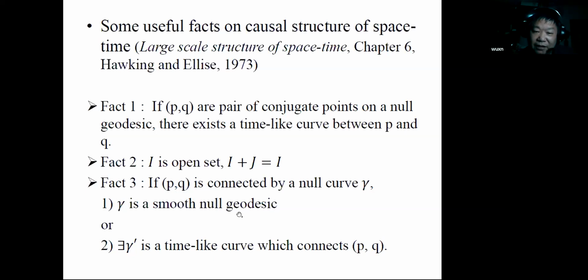If they are not connected by a smooth null geodesic, but are connected by some causal curves, you can always find some time-like curves connecting P and Q. And this is a very important property we will need in the following.